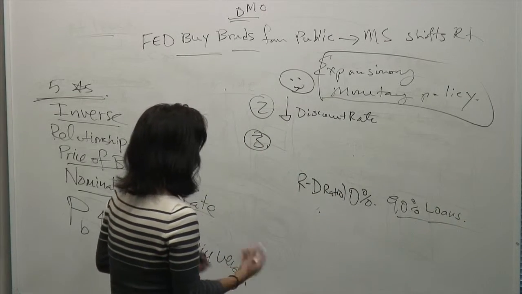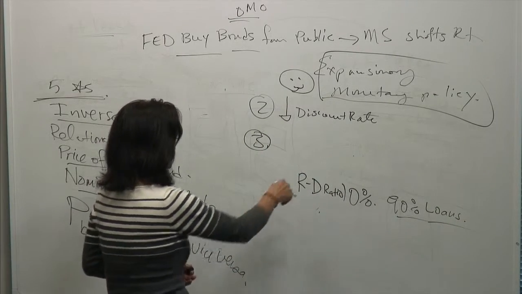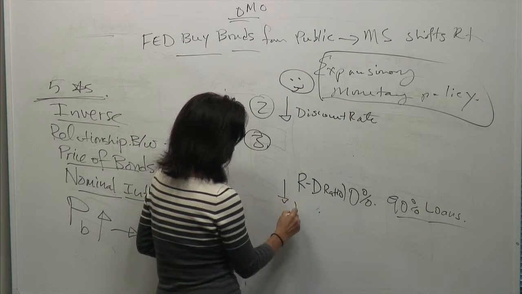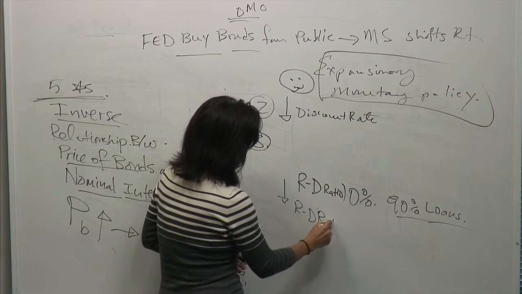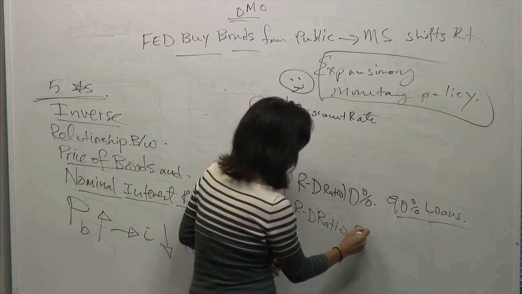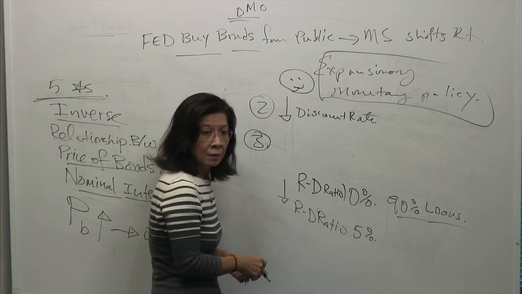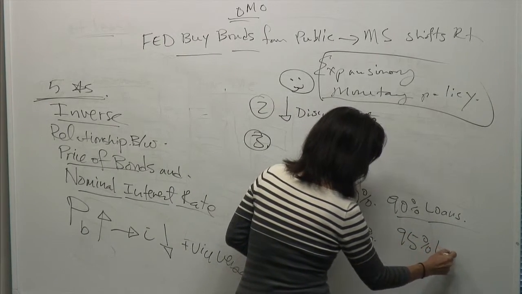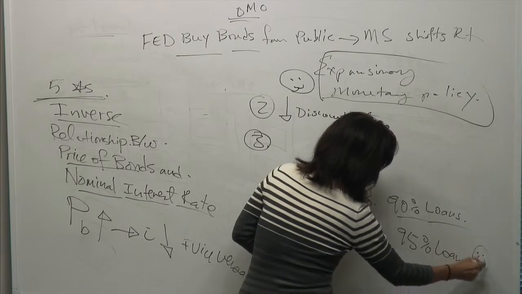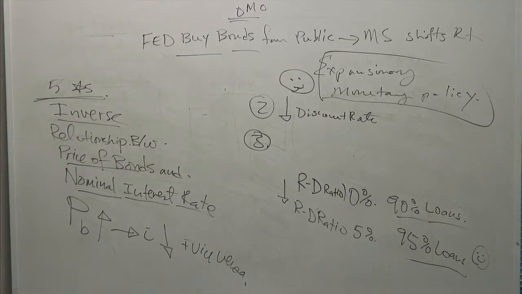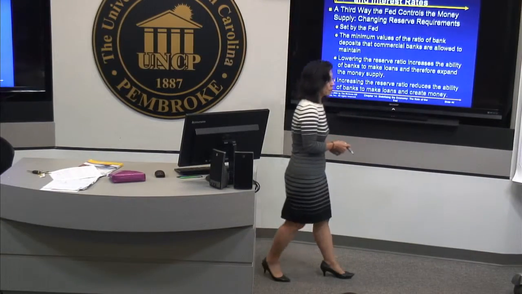So now, if you want expansionary monetary policy, you will actually have to lower this. The point is to lower it. So let's just say lower to 5%. Is that good? For them, it is, because now 95% is available for loans. Please, this smiling face is from the perspective of the bankers, not you. So they make more money.